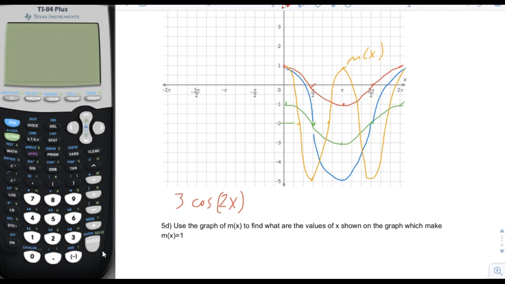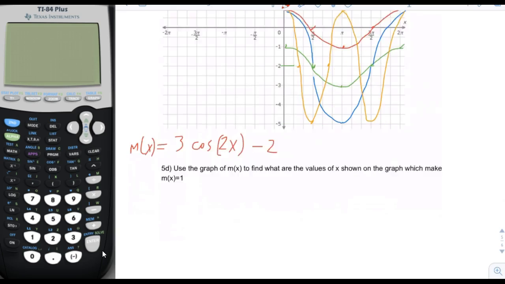And then we're going to subtract 2 from the whole thing, because we're going to move the center line down to y equals -2. Okay, so this is your function.